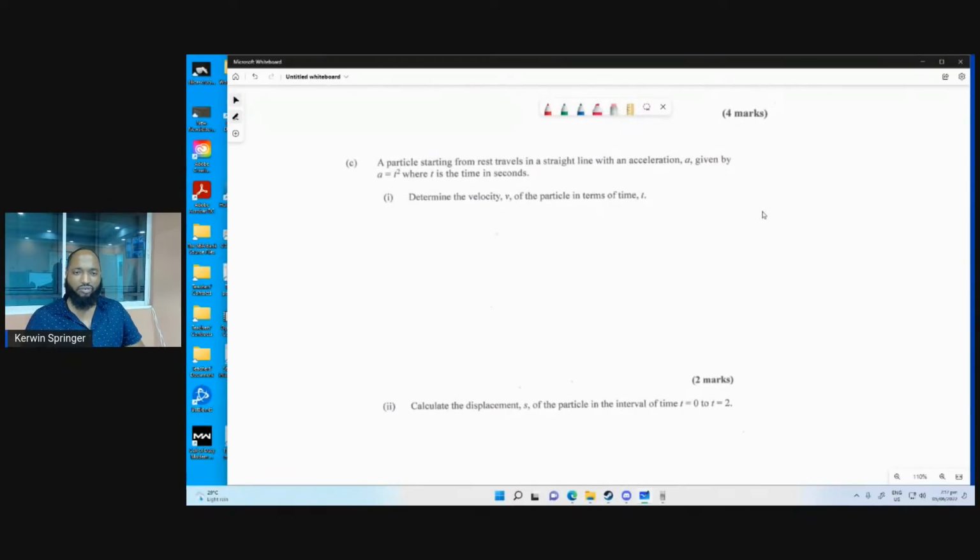A particle starting from rest travels in a straight line with an acceleration a given by a is equal to t squared. Determine the velocity v of the particle in terms of t. Well, you start off with displacement, you differentiate, you get velocity. If you go back this way, this is integrating and this is differentiating.